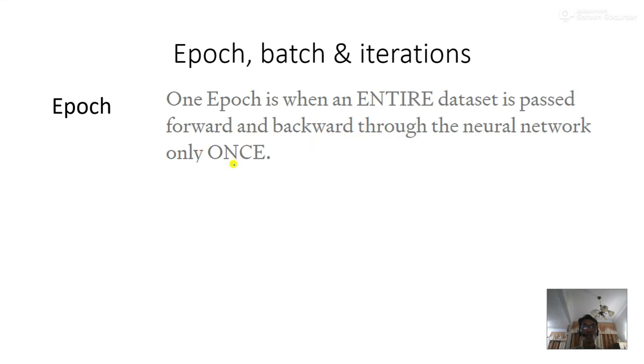If you have 100 samples in a dataset, these 100 must go forward and get the loss. When you get the loss, you move backward using the optimizer, according to the learning rate, to change the values of W and bias.